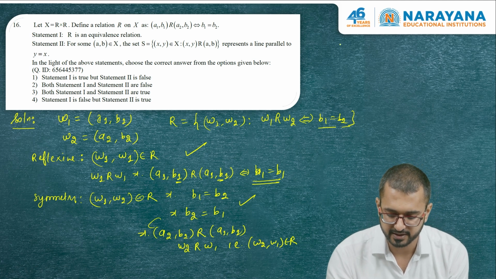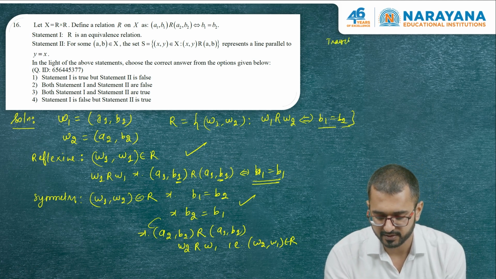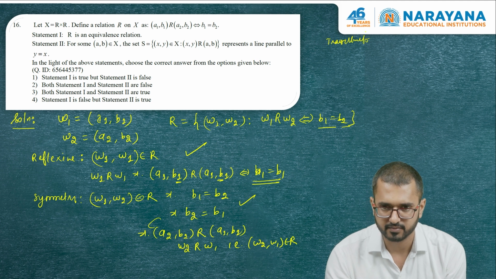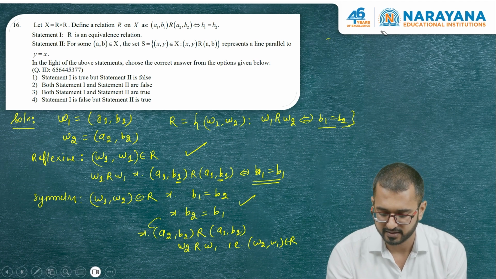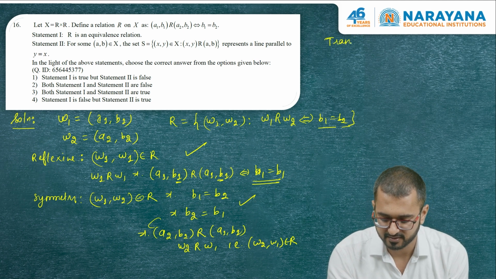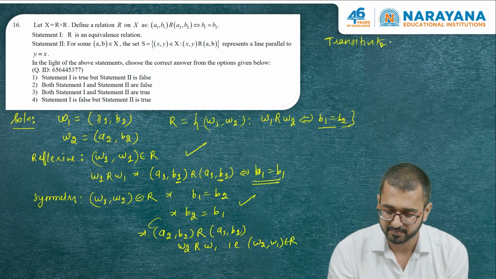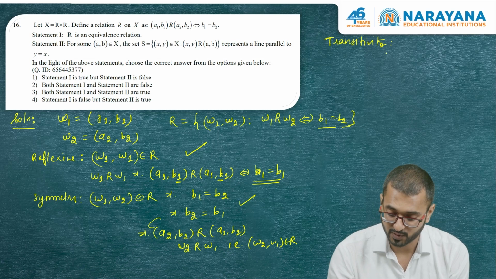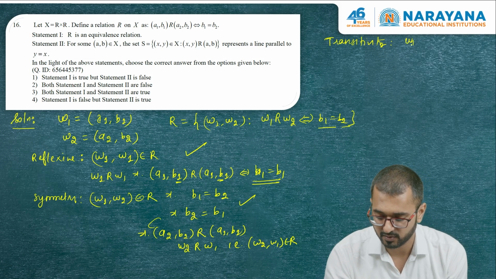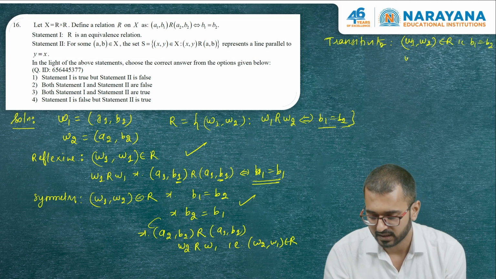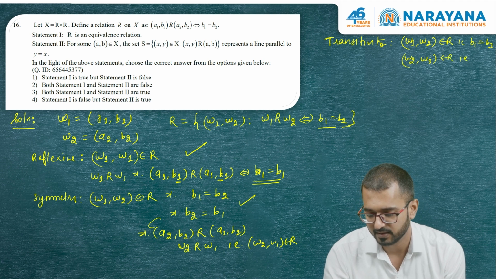Now let us check the transitivity. For transitivity, what should happen? We'll write transitivity properly. When I write W1, W2 belong to R, from here we get B1 equal to B2, and then W2, W3 belong to R, from here I'll be getting B2 equal to B3.